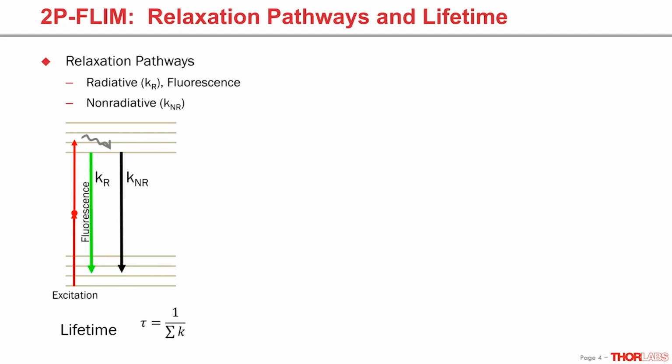And then there is a period of fluorescence decay for the molecule to return to its ground state. In FLIM, we're monitoring the time it takes for the molecule to return to its ground state after being excited by the laser pulse. This is rate dependent upon the other non-radiated processes that are going on at the same time.